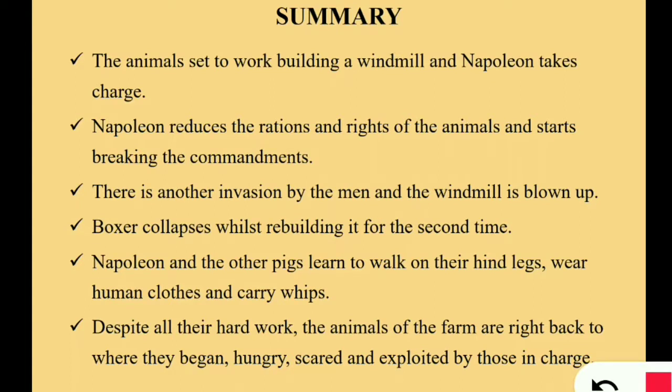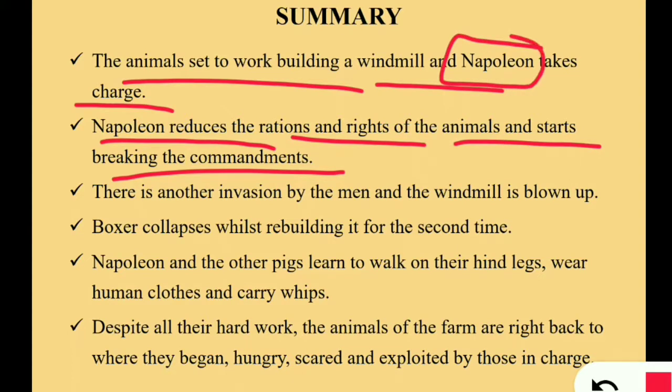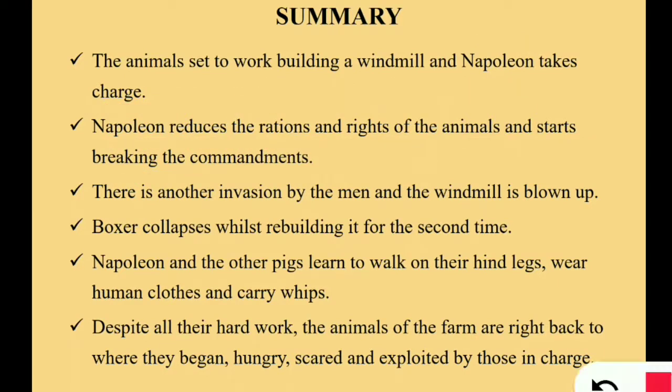The animals set to work building a windmill and Napoleon takes charge. Napoleon reduces the rations and rights of the animals and starts breaking the commandments. After a while, Napoleon becomes the leader of that Animal Farm, and he reduces food and rights of the animals as well, and started breaking the principles on which the farm should be running.